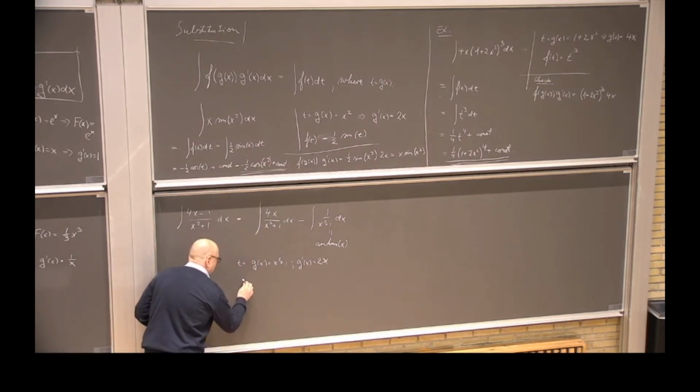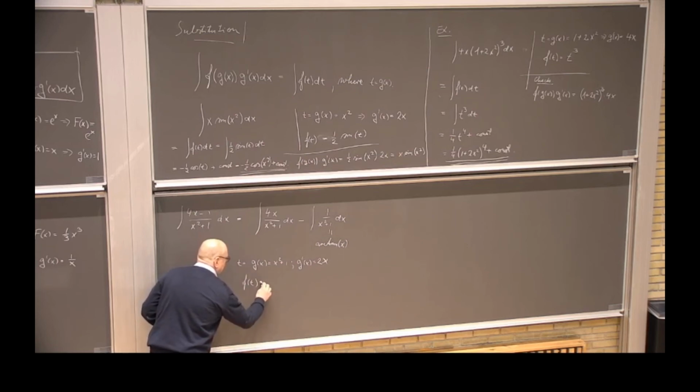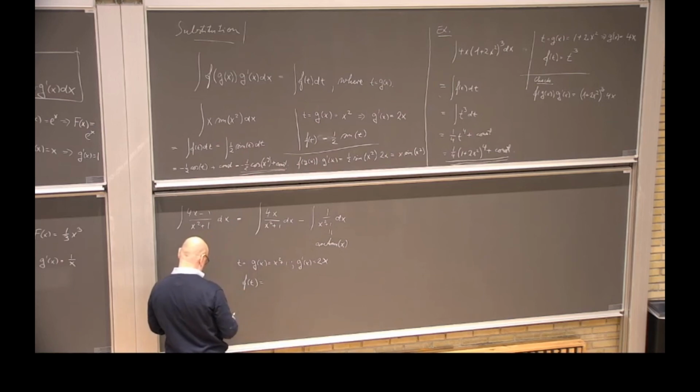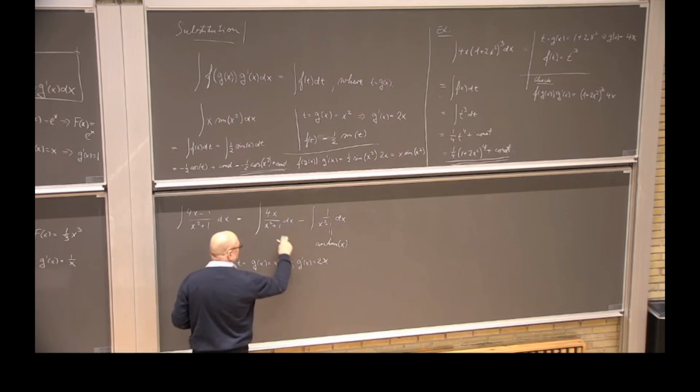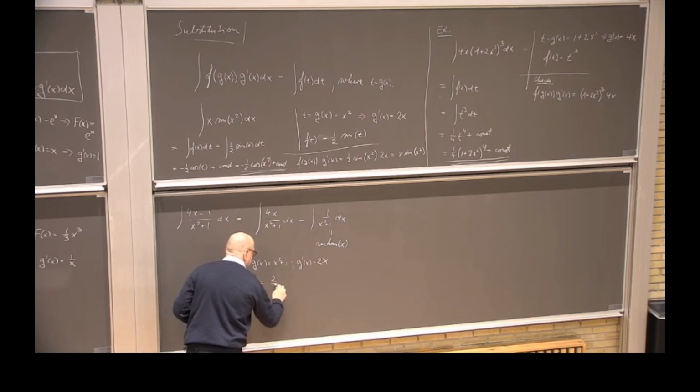Now then the outer function would be, you see here I have a 2 here, but I have a 4 here, so I would choose 2 divided by t.